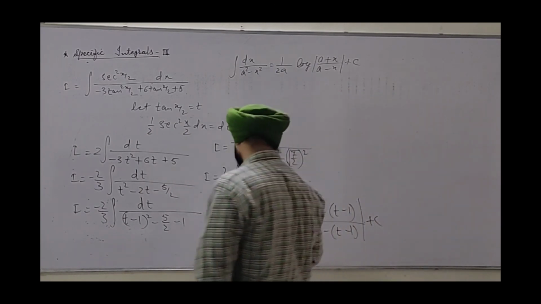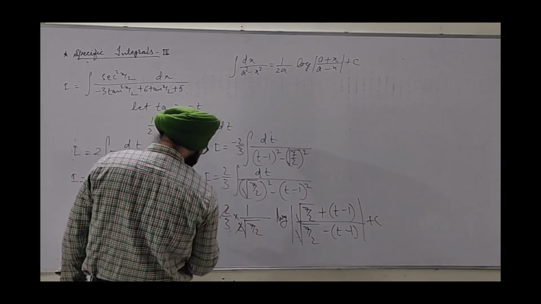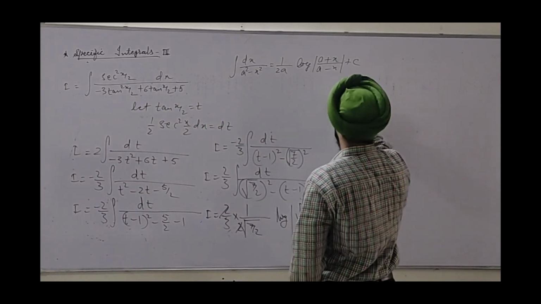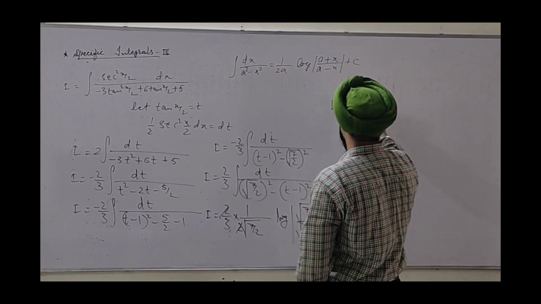Now let's simplify. This 2 and 2 cancel out. We have I as 1 upon 3 root 7.